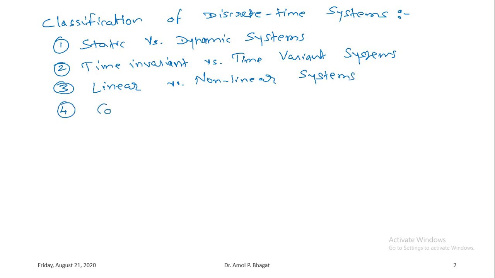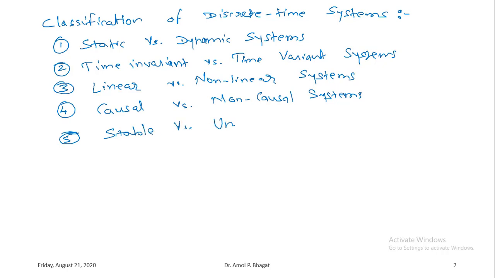Fourth one is causal versus non-causal systems. And the fifth one is stable versus unstable systems.